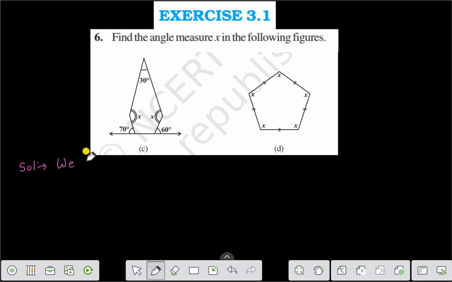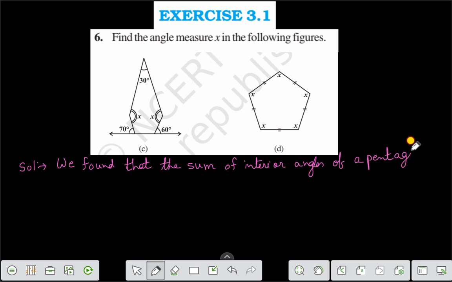Here the value of each angle is given as x.